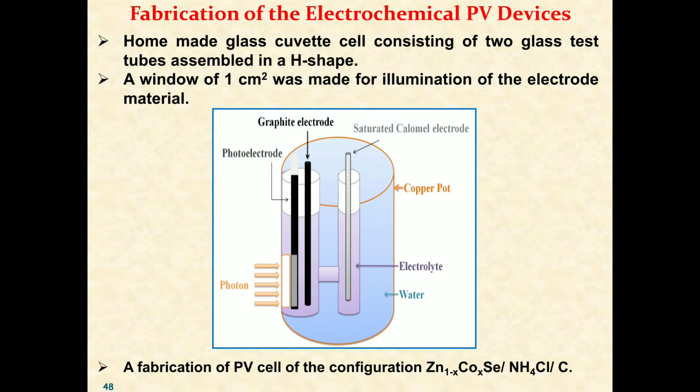A window of 1 centimeter square was made for illumination of the electrode material. The fabrication of the photovoltaic cell configuration is like this: Zn1-xCoxSe | NH4Cl | C.